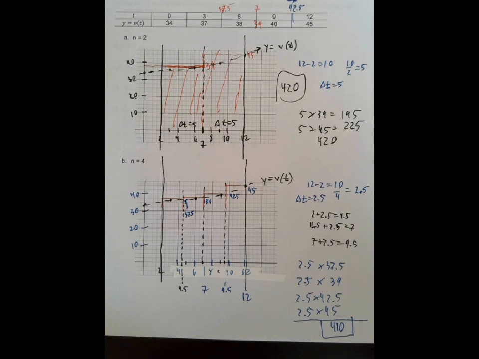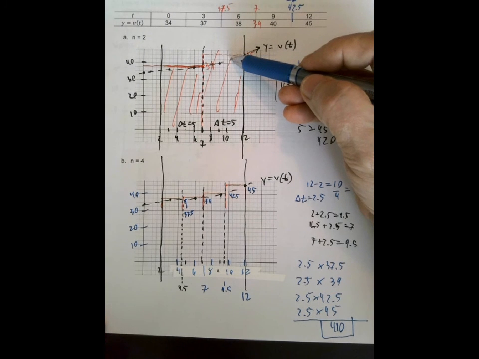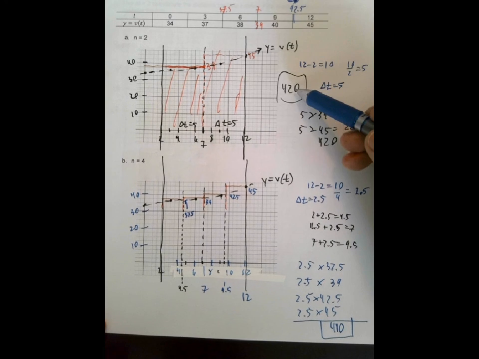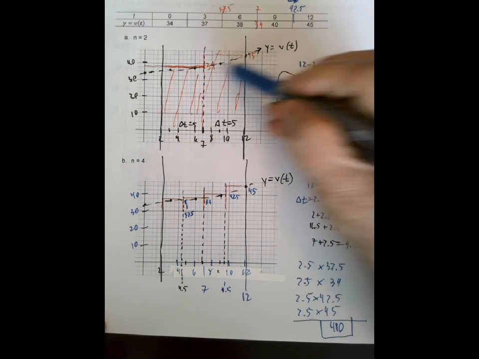Okay? Now, you see we don't get the same number. In this case, it happens to be a little bit lower. That makes sense because notice that this is an overestimate, right? So this number 420 is bigger than the actual area under the velocity curve here.